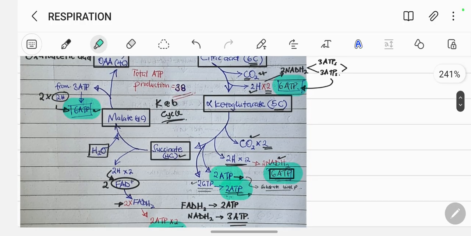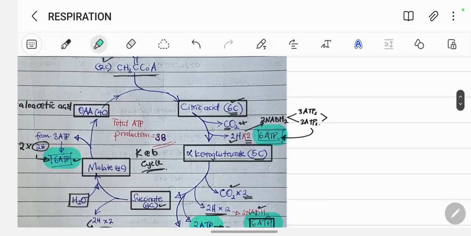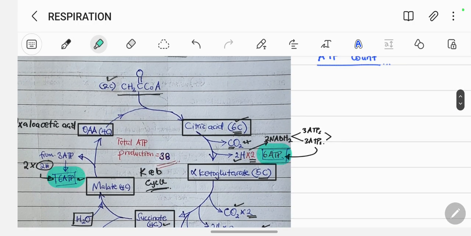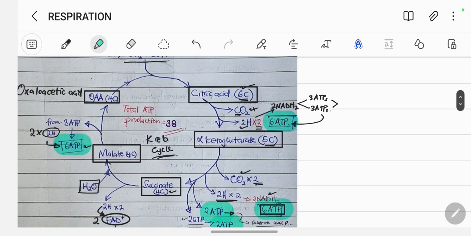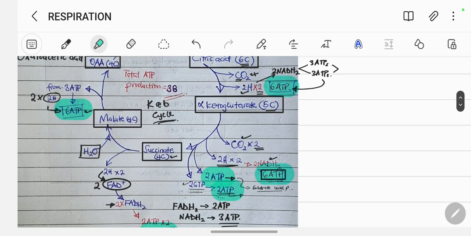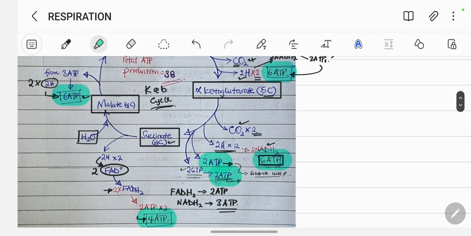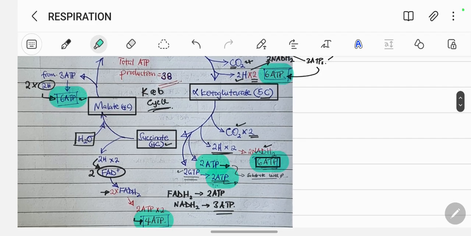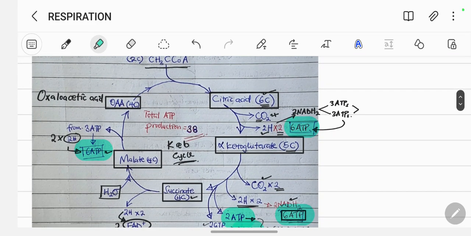Then from our 26, when we add on, what else did we add? 18, 22, 26. Yeah, I think that's it.